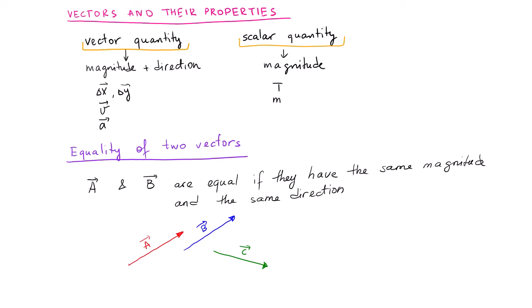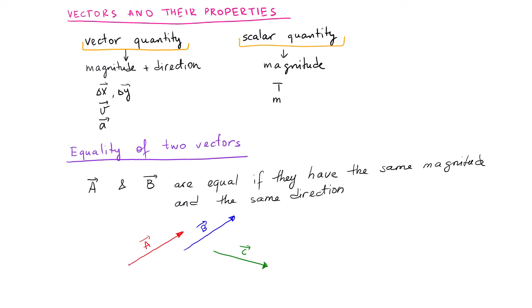So this equality of two vectors having the same direction and the same magnitude allows us to translate a vector parallel to itself in a diagram without affecting the vector. In fact, for most purposes, any vector can be moved parallel to itself without being affected.